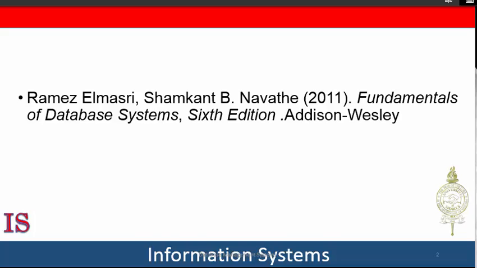The last step is the physical design phase, where all the internal storage structures, file organization, indexes, and so on are specified. In this video, we're going to continue our examination of the entity relationship model.